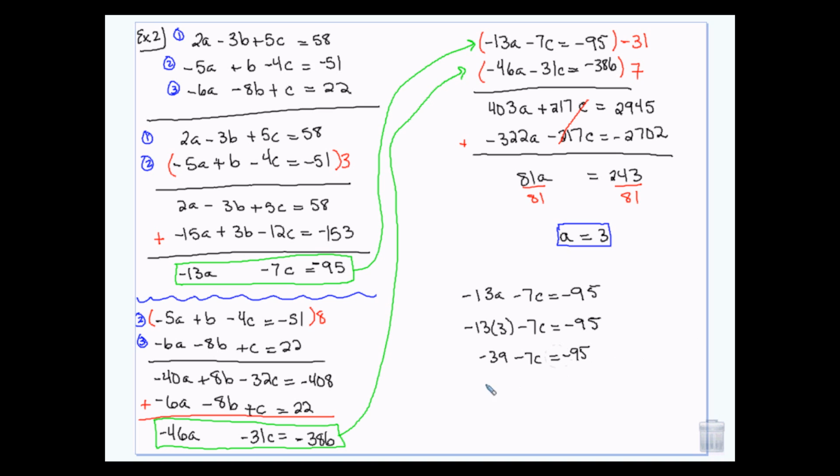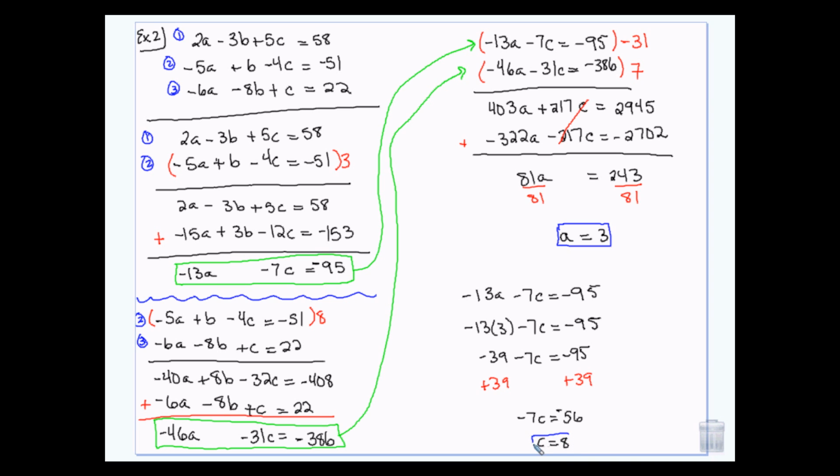I add 39 to both sides. I get negative 7c is equal to negative 56. And c equals 8.